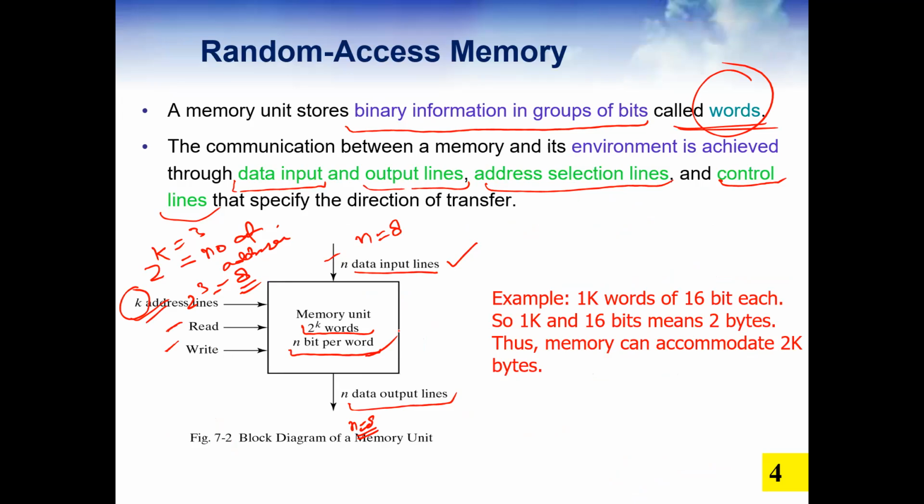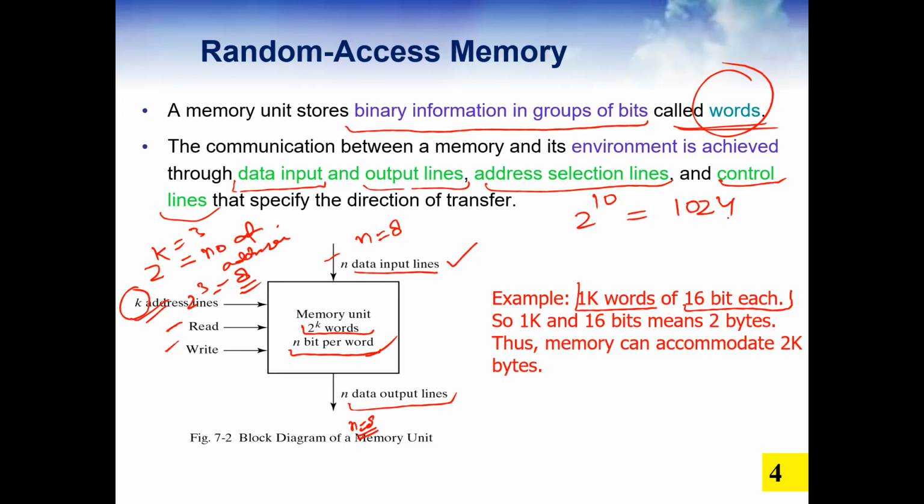For example, if we have 1K words, that is 1K registers, and each register can have 16 bits each. This is the question. So 1K words, K meaning kilo, and you know the meaning of K, 2 to the power 10, which means 1024.